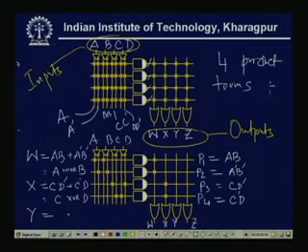So, for this circuit there are only 2 outputs.